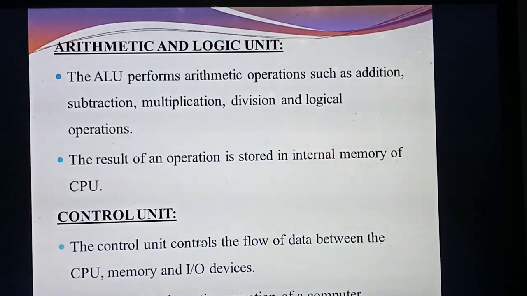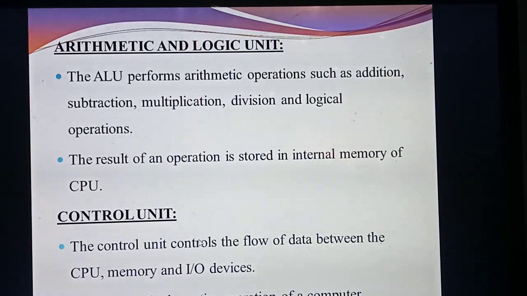Okay. And the second point is that it will control the entire operation of a computer. That means in a computer, whatever things are flowing or going to happen, all of them will be controlled by whom? The control unit.